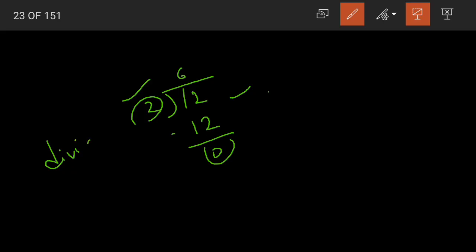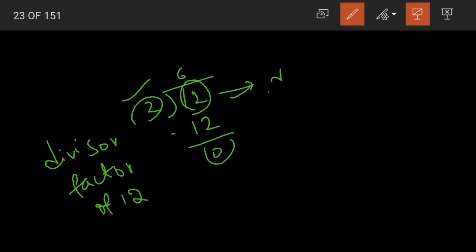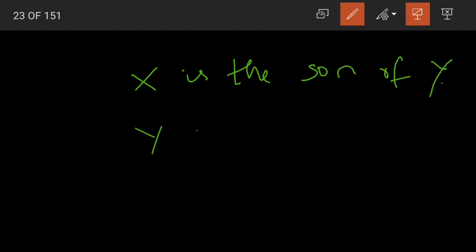Again, 2 is dividing 12 completely. So here the divisor 2 becomes our factor. 2 is a factor of 12 and 12 is a multiple of 2, children. Understood? Just like if I say, suppose x is the son of y, then what does y become?